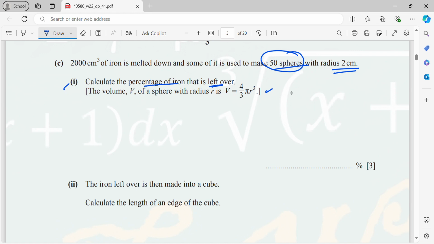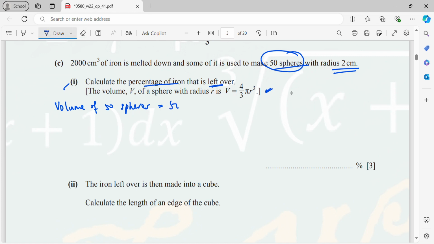So here I will write volume of 50 spheres. Use the formula 4 over 3 pi r cubed, this is for one sphere.